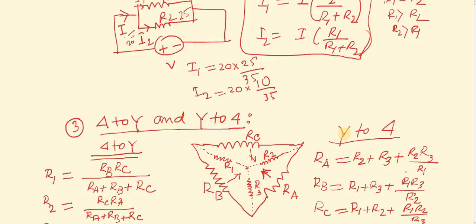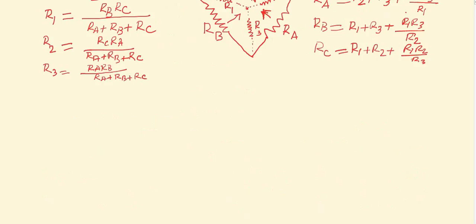And likewise for star to delta conversion, you have to look forward and write the sum of the adjacent values, plus the product of them, divided by the third one. This is the technique applied for finding the element values of star or delta conversion.